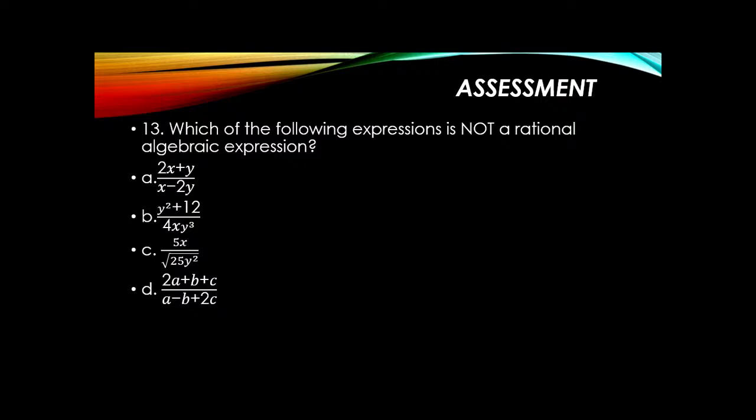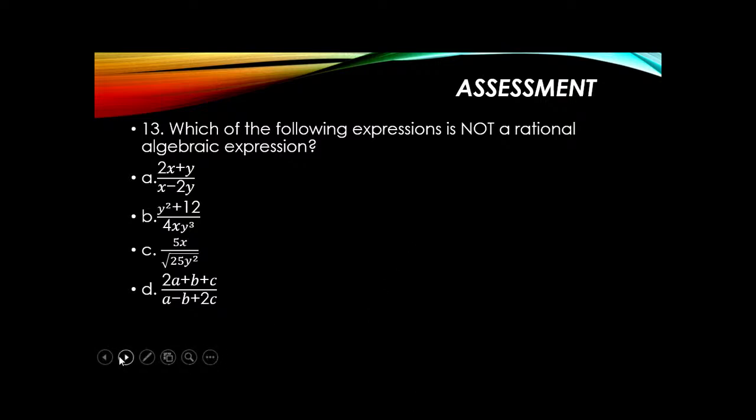Letter B, y squared plus 12 all over 4x y cubed. C, 5x all over square root of 25y squared. Ay, there's no negative. There should be a negative here.